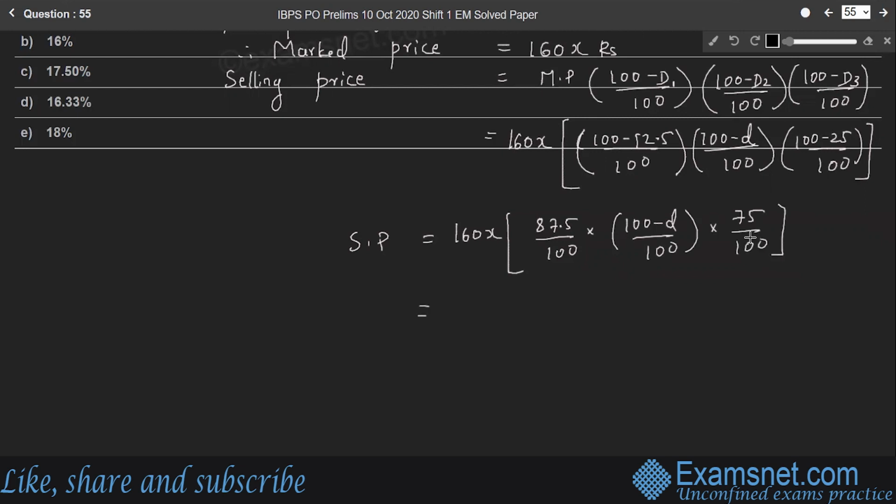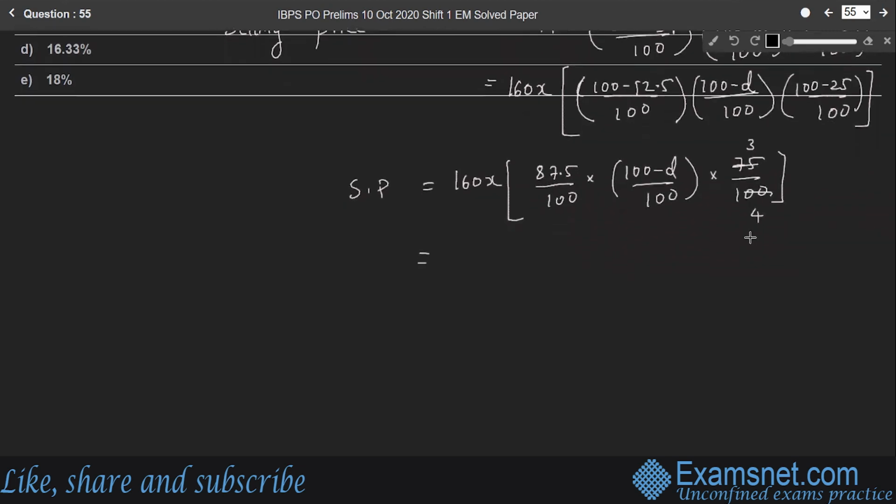Here 87.5 is divisible by 5, and 75 is 25 into 3, 100 is 25 into 4. Now 160 by 20 gives 8x, and we can even take 4 outside.